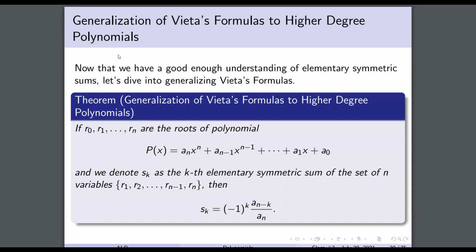Now that we have a good understanding of elementary symmetric sums, we can dive into generalizing Vieta's formulas.